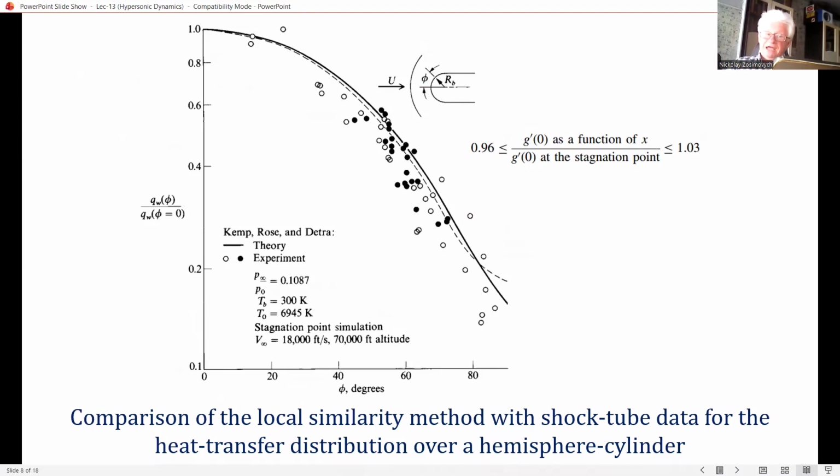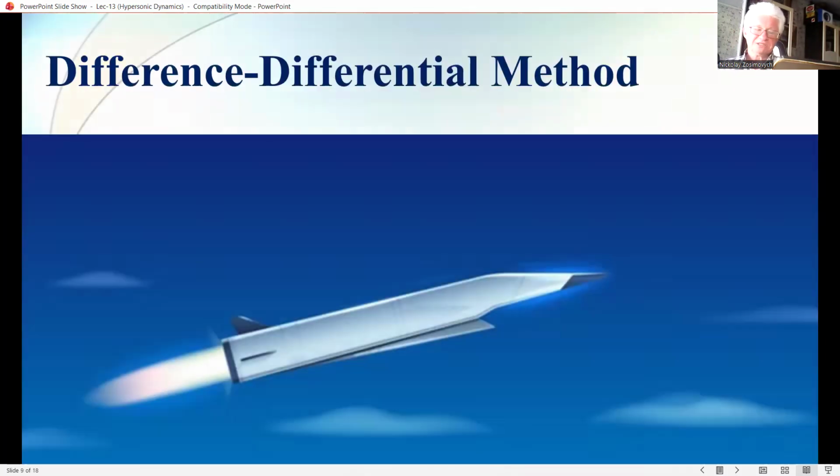That is to say, the real physical boundary layer at any given location x is mainly dominated by the local wall and edge conditions at x, and so these conditions are the driving parameters in the local similarity method. Okay?